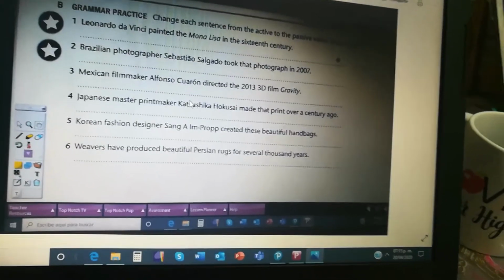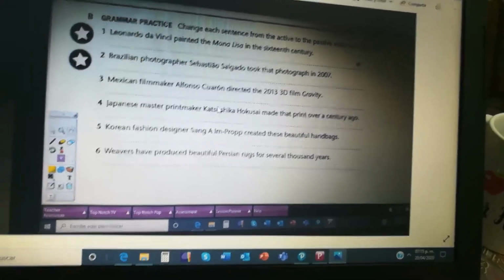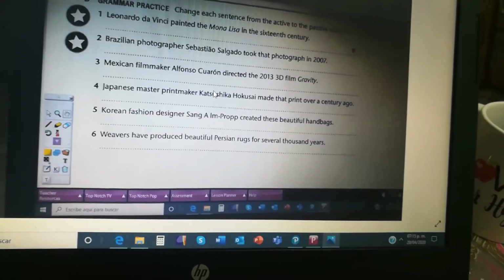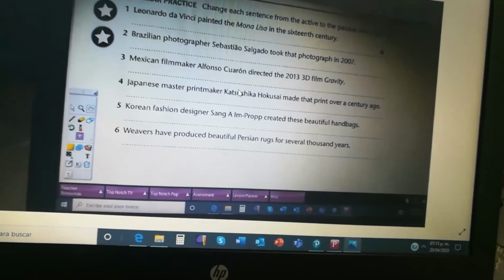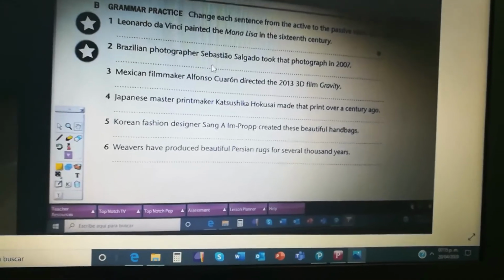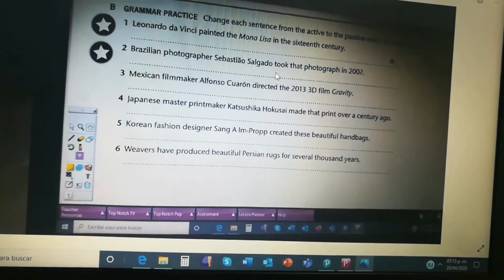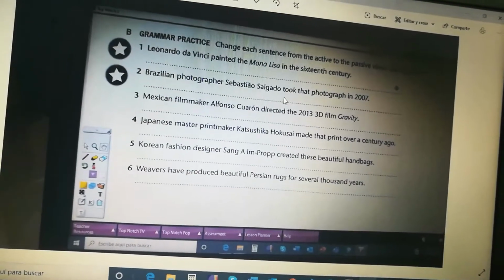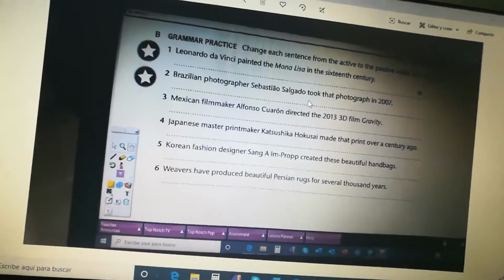In numbers 1, 2, 3, 4, and 5, be careful because maybe it will be was, but maybe it will be were, depending on singular or plural, okay? And the verb always goes in the past participle. For example, in number 2, that photograph was taken by Brazilian photographer Sebastião Salgado in 2007.